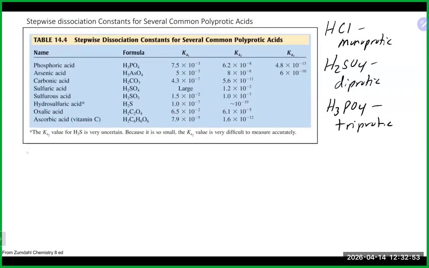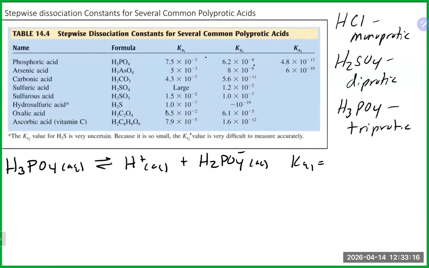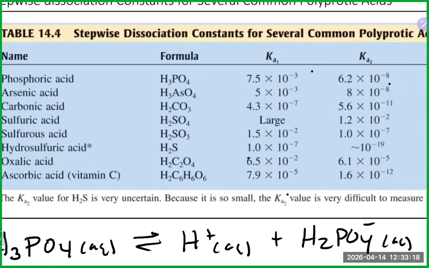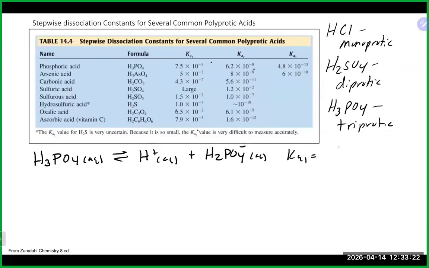So if we take a look at phosphoric acid, the very first thing that will happen is it will lose one hydrogen as it starts to dissociate and will form H2PO4 minus. When you look at a table, that is sometimes referred to as the Ka1 value. In this case, as you can see here, Ka1 is 7.5 times 10 to the minus 3.